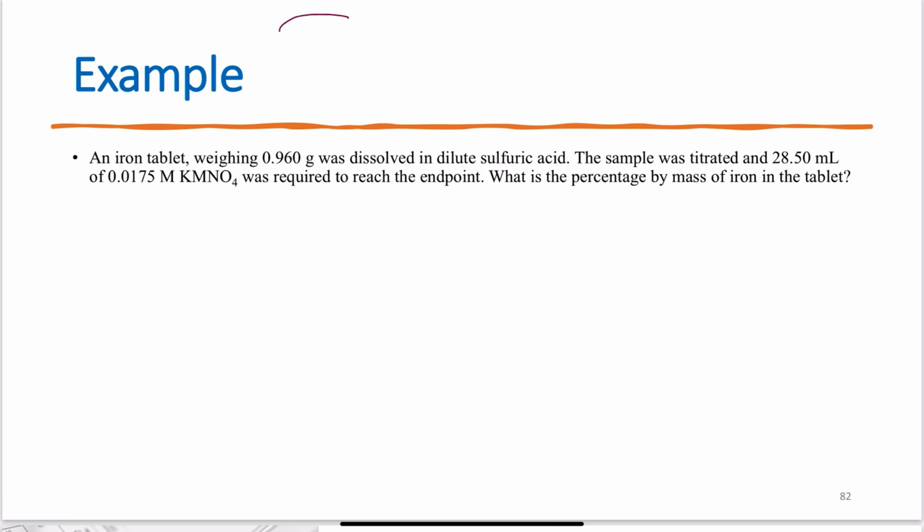It means we have some kind of tablet. Okay? This tablet weighed 0.960 grams. In the tablet is some iron and some other things. What else is in there? I don't know, but some other things are in there. I put this tablet, or let's just call it iron for right now, in solution with some H2SO4.